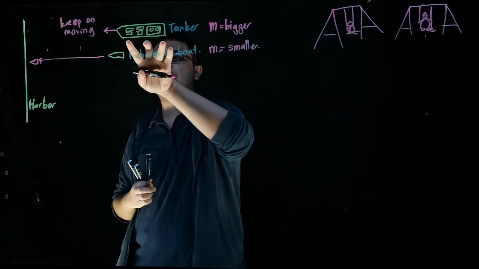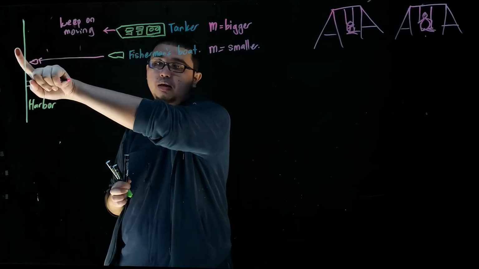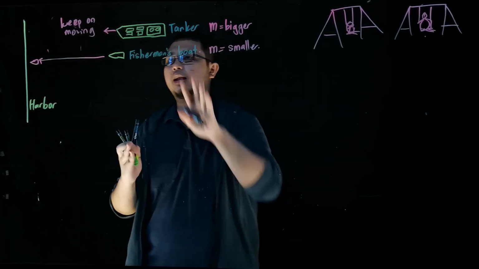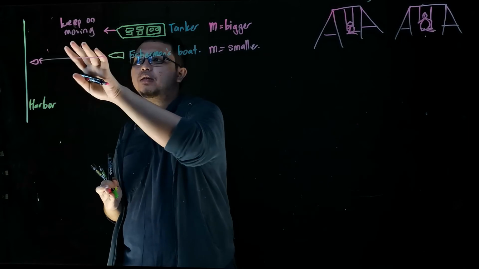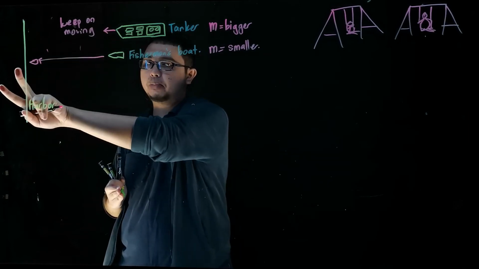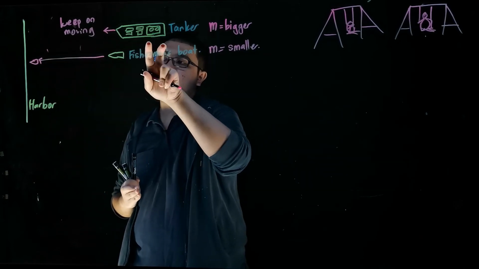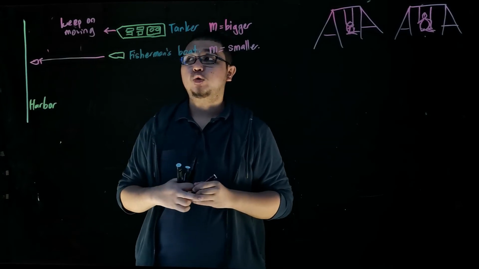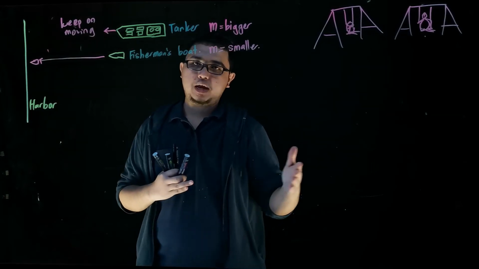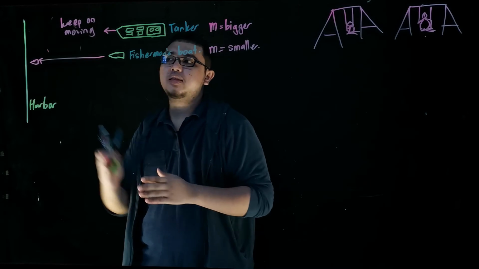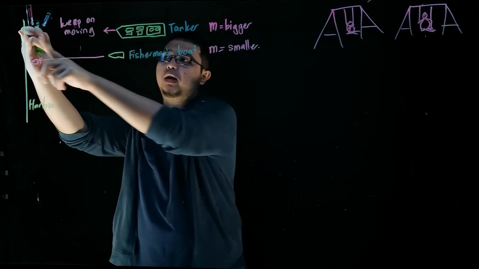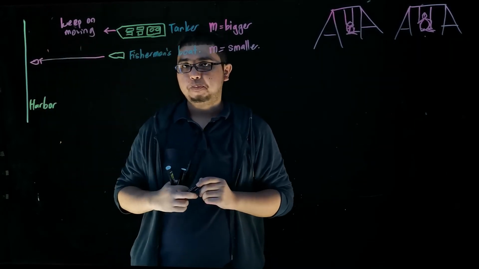Why? Because they don't want to hit the harbour. There are some tankers that are able to stop way before the harbour, but the problem with that is that you tend to overestimate or underestimate how far you are from the location that you need to stop.